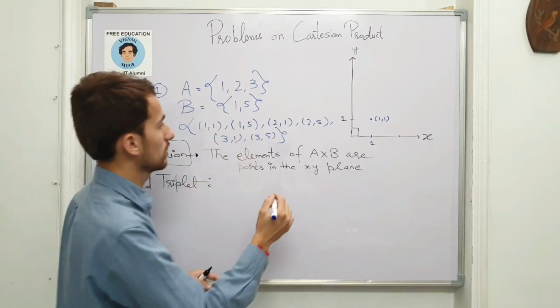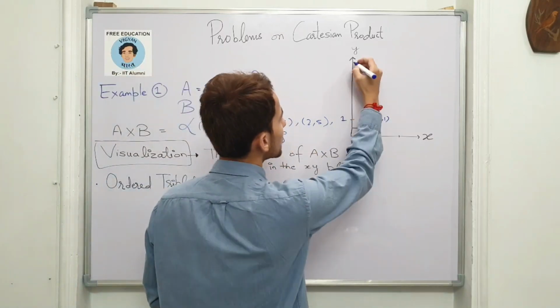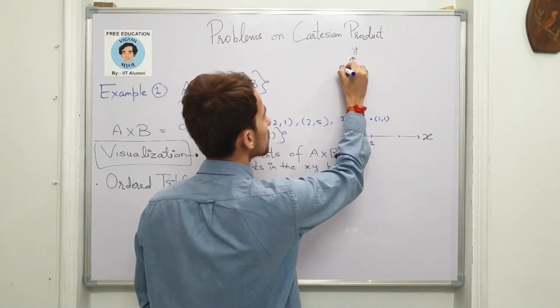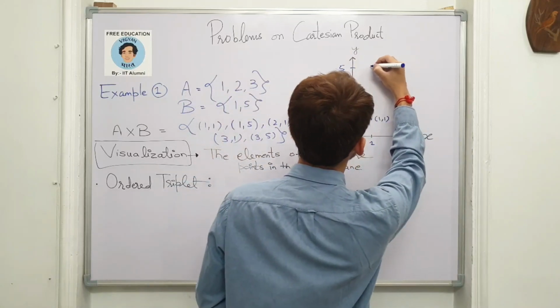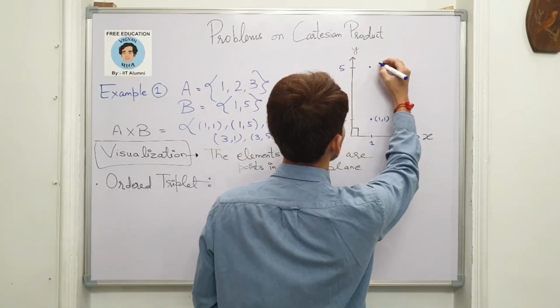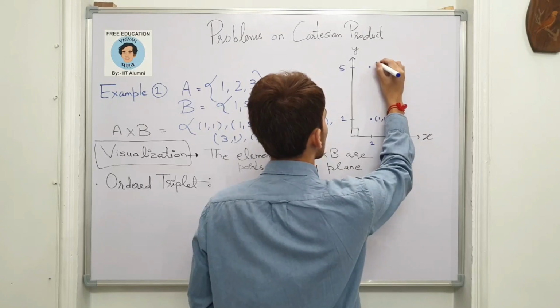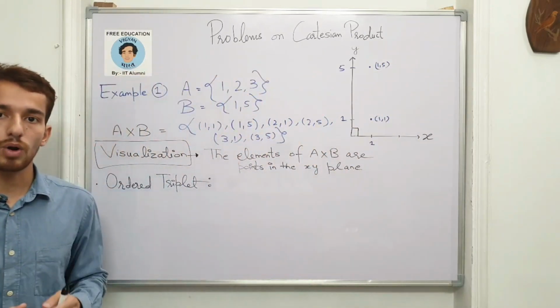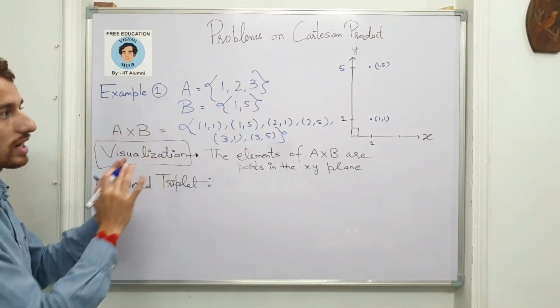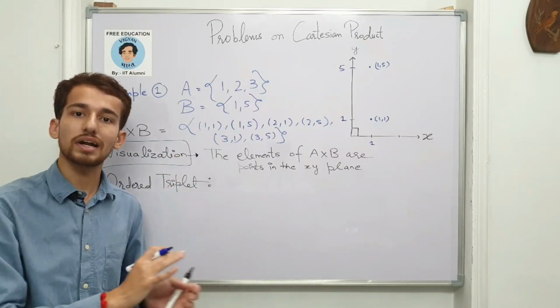Similarly 1, 5: fix 1, increase the height till 5, suppose this is our 5. So basically I'm asking you to represent this ordered pair here. Likewise, in a similar fashion, you can plot the remaining ones. So this was the visualization or the interpretation of the elements of the Cartesian product.